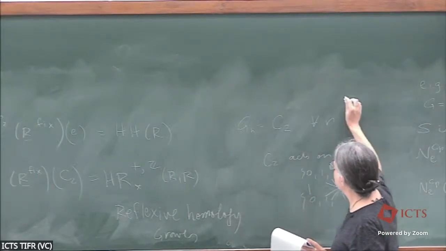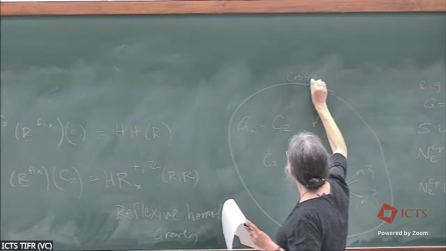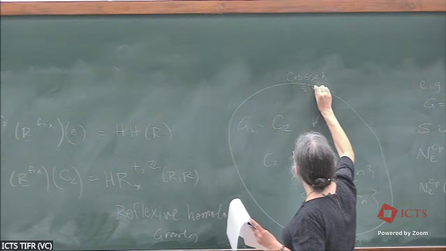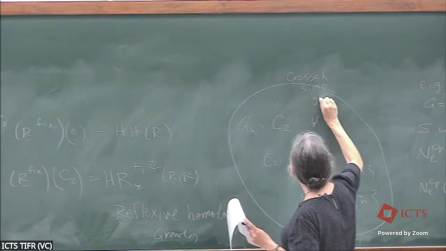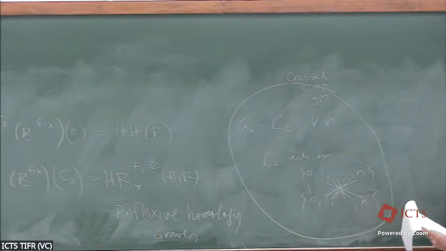So this is one of the basic examples of crossed simplicial groups. And obviously this is not simplicial, but the basic crossed examples aren't.